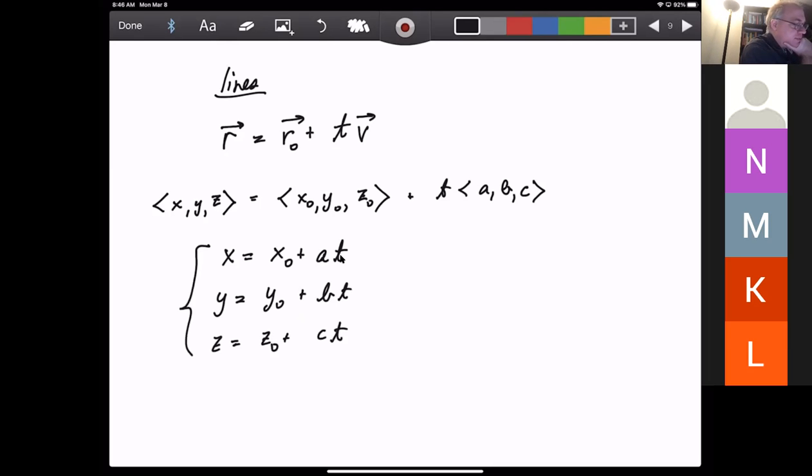Okay, so these are called the parametric equations. And assuming A, B, and C are non-zero, we can solve each of the parametric equations for our parameter t to get what are called the symmetric equations.